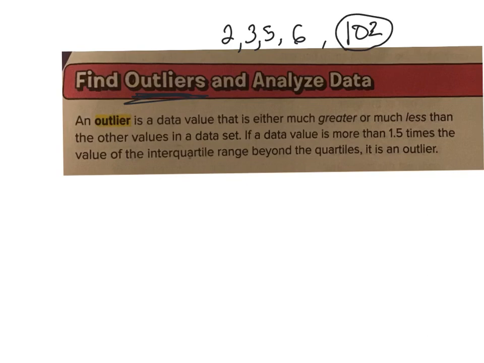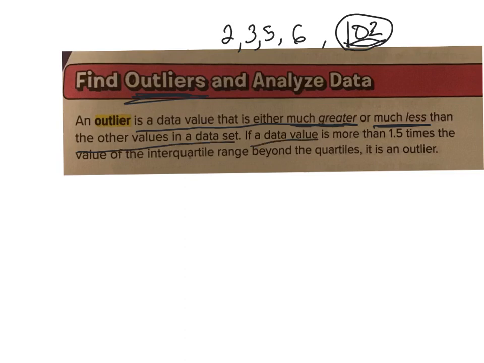And the way you would know that it's an outlier is once you find the interquartile range, then you could figure out if it truly is an outlier or if it's pretty close. Okay? So, an outlier is a data value that is either much greater or much less than the other values in a data set.